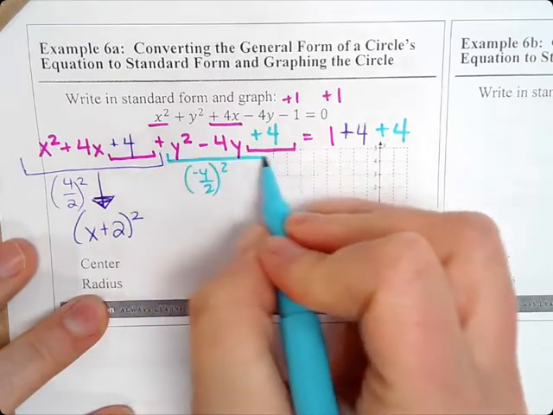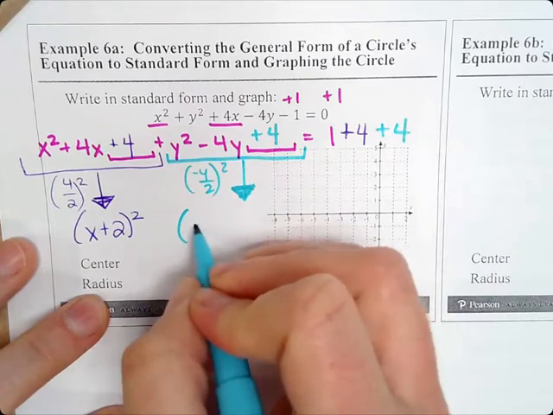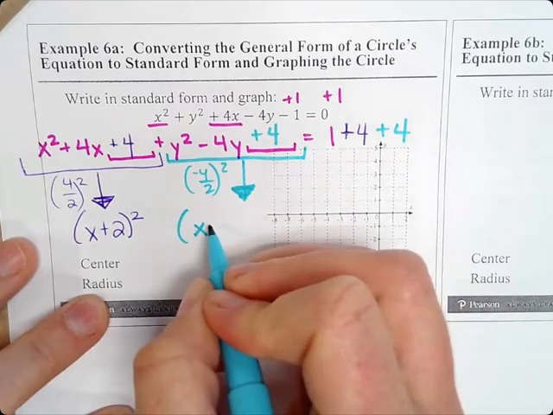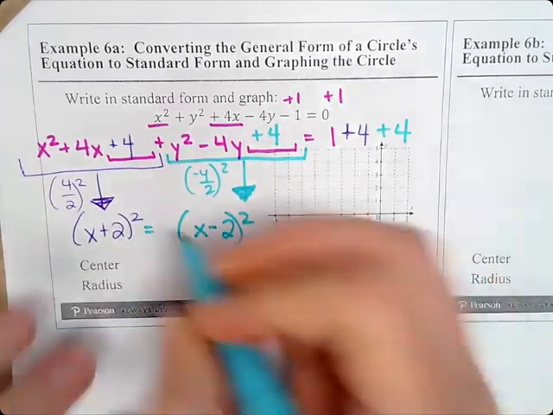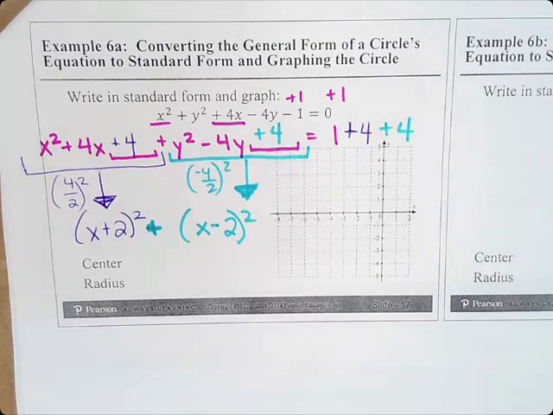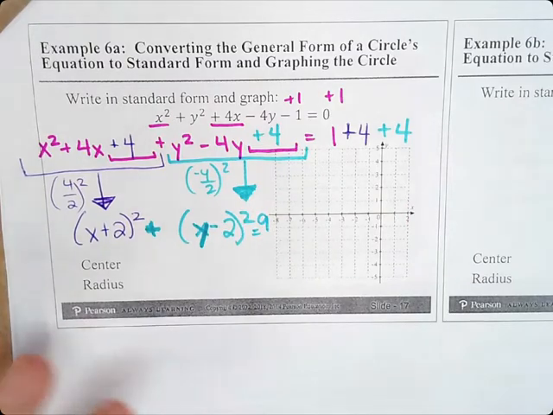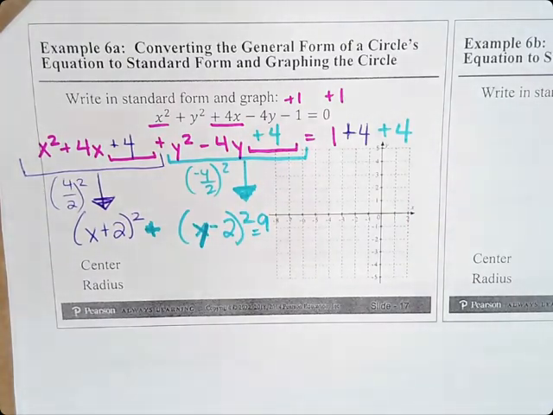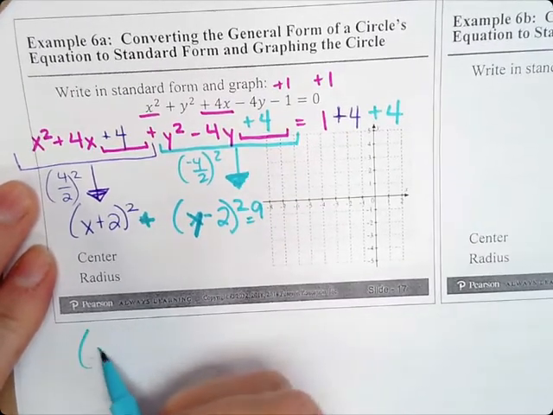So this right here comes down and it's y minus 2 squared, and then it equals 4 plus 4 plus 1, which is 9. So I'm going to rewrite it here so it looks better.